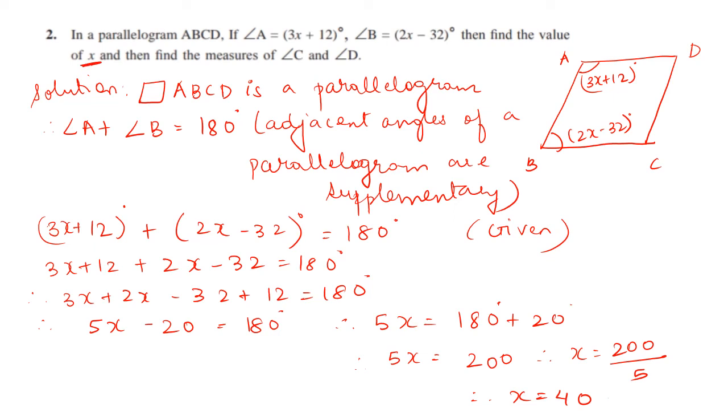Now angle A is congruent to angle C, correct? So let's find out angle C and angle D. I will draw the diagram again. This is the parallelogram ABCD. This angle is 3x plus 12 degrees and this angle is 2x minus 32 degrees.